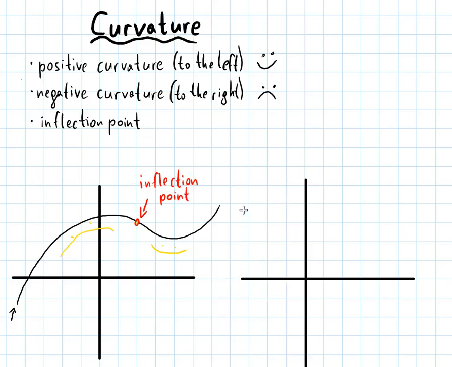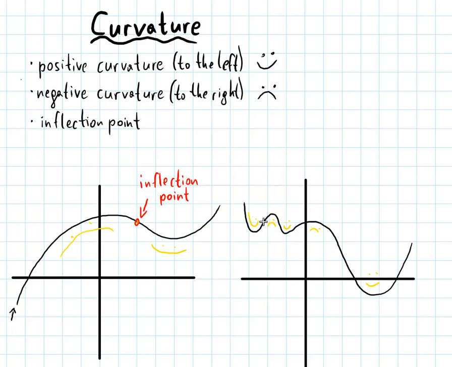Let me draw another graph. It has a lot of turning points and curvature information. So in this case we would have positive curvature, then negative curvature again, positive curvature, negative curvature, and another positive curvature, and we would have a lot of inflection points.